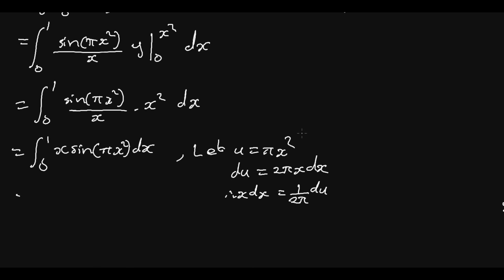So as we continue, it's 0 to 1, and the x dx is equal to this right hand side here. Let me write the sine function, therefore it's sine u times 1 over 2 pi du. So this is equal to 1 over 2 pi, 0 to 1, sine u du.